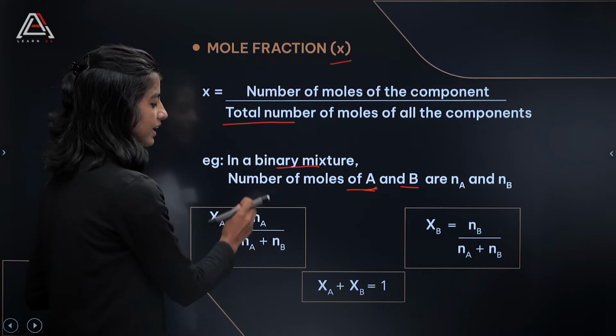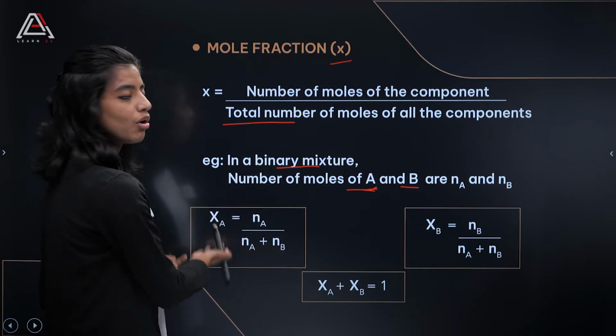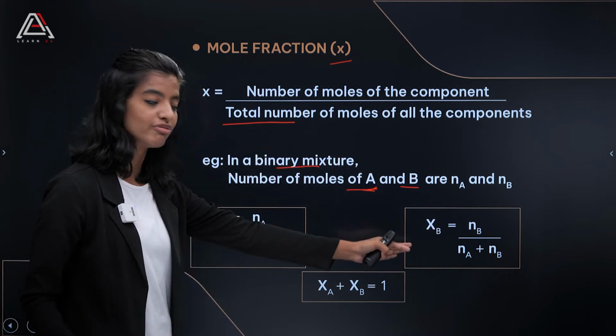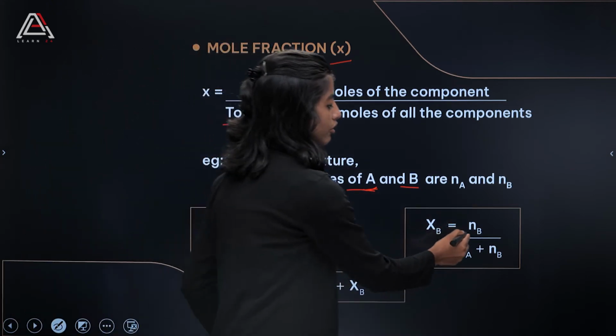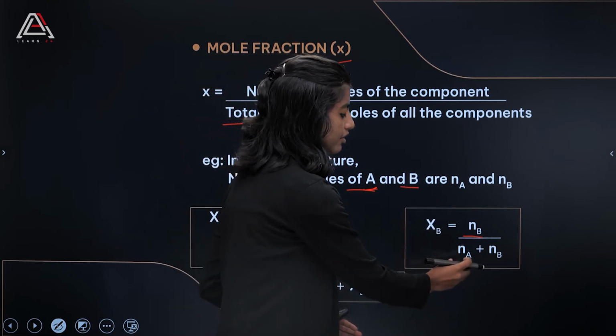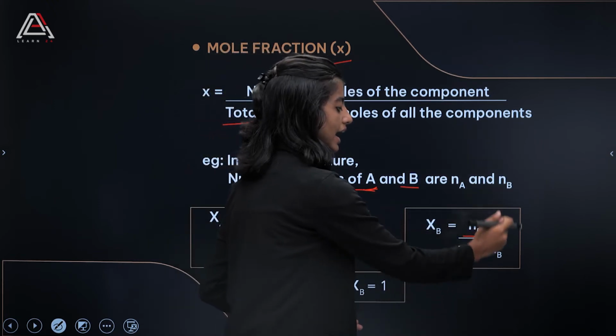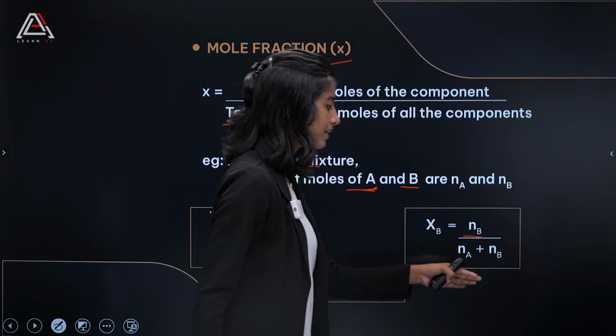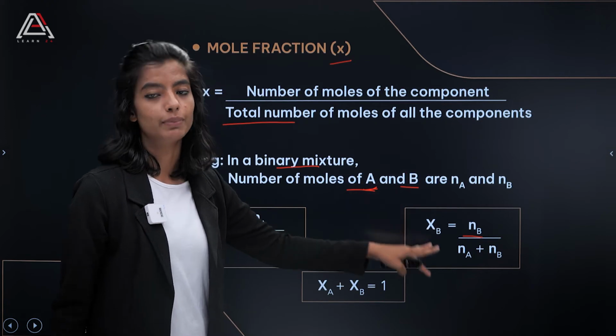Na divided by Na plus Nb is the mole fraction of A. Similarly, mole fraction of B is equal to number of moles of B divided by total number of moles of A and B. That is Nb divided by Na plus Nb is the mole fraction of B.